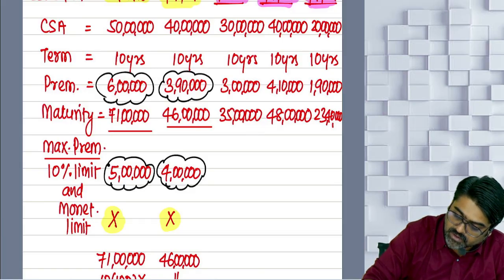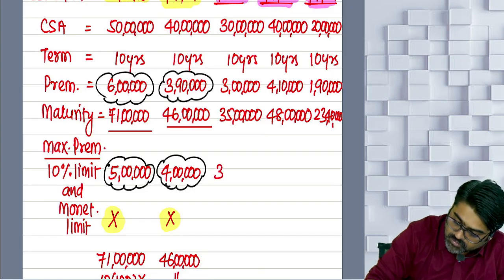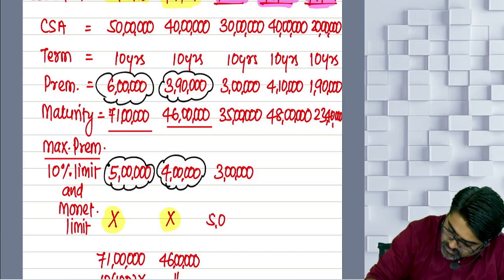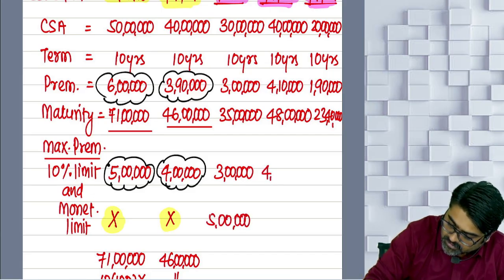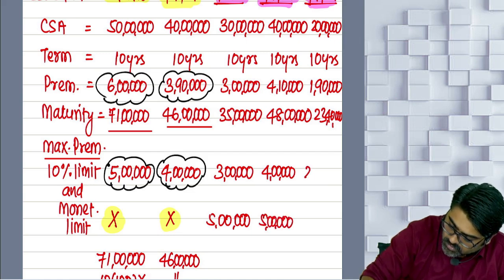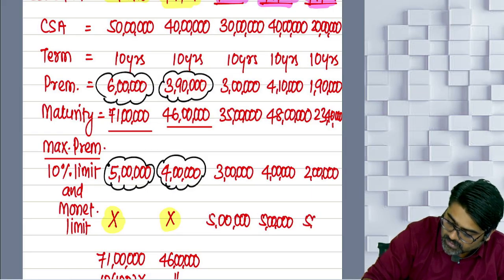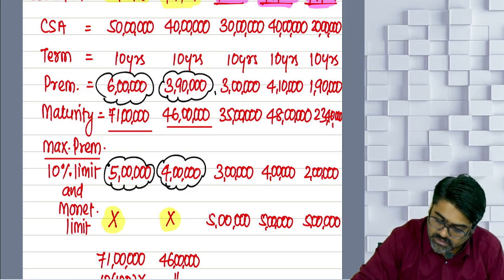For the first policy, 30 lakh into 10% is 3 lakhs, and the monetary limit is 5 lakhs. Second policy: percentage limit is 4 lakhs and monetary limit is 5 lakhs. Third policy: percentage limit is 2 lakhs and monetary limit is 5 lakhs.